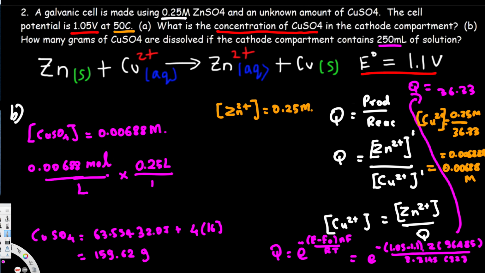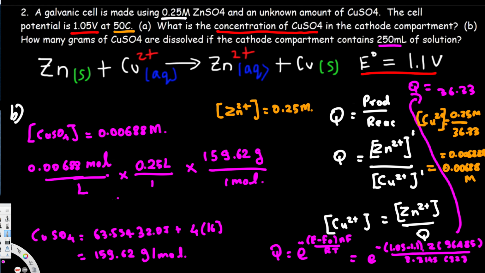This is gram per mole, right? We have to arrange this in such a way that will cancel this mole, and finally we will get gram. So we have to put gram on top and mole in the bottom, so this is going to be 159.62 gram over 1 mole.